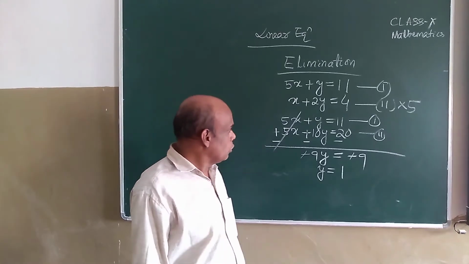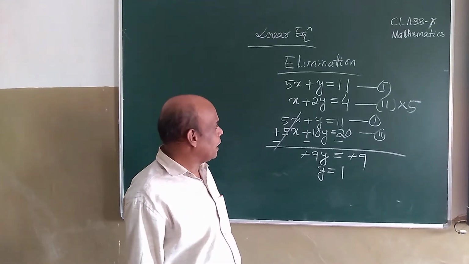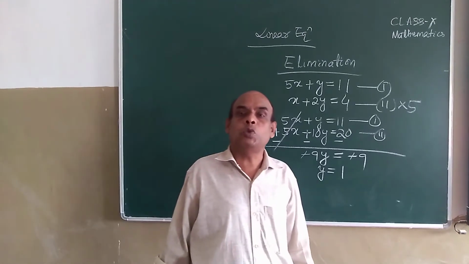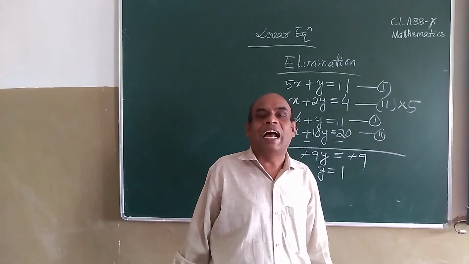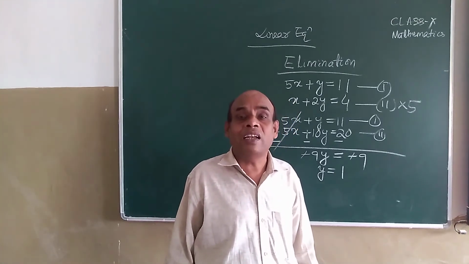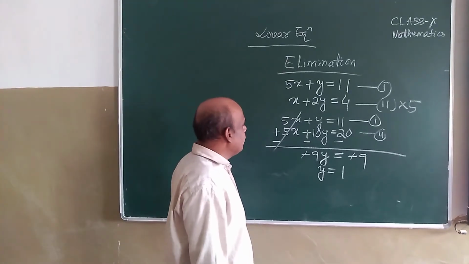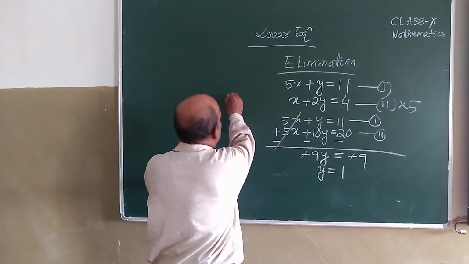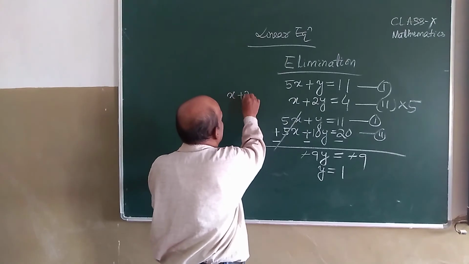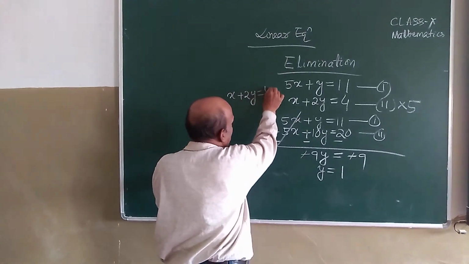So now what to do? Put the value of y either in equation number 1 or in equation number 2. Suppose I put it in equation number 2: x plus 2y is equal to 4.